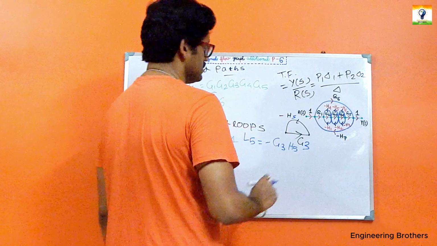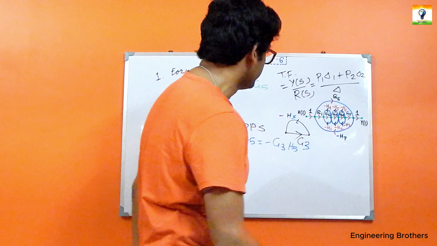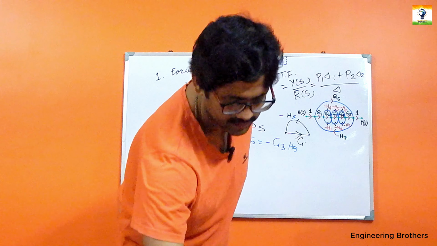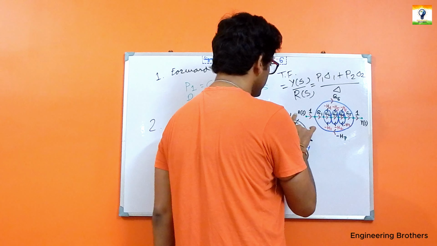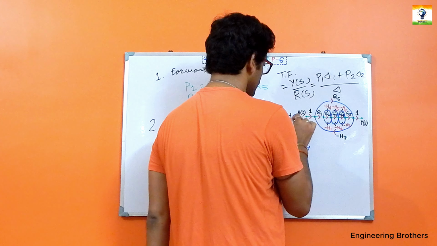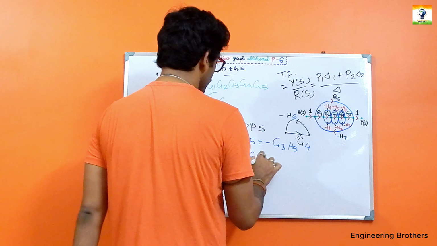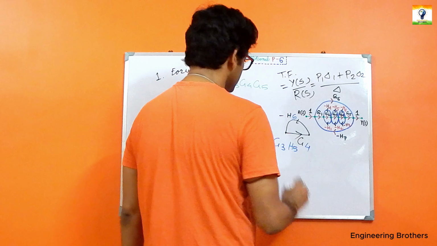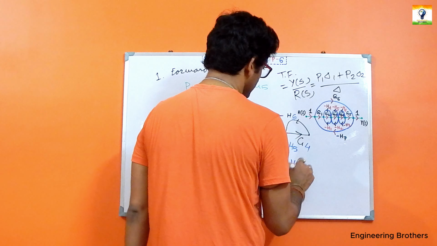Okay, and for the next part, this one will be our G4 and this one will be our H6. Now for that one we have got another individual loop over here, which is quite naturally minus of G4 H6.